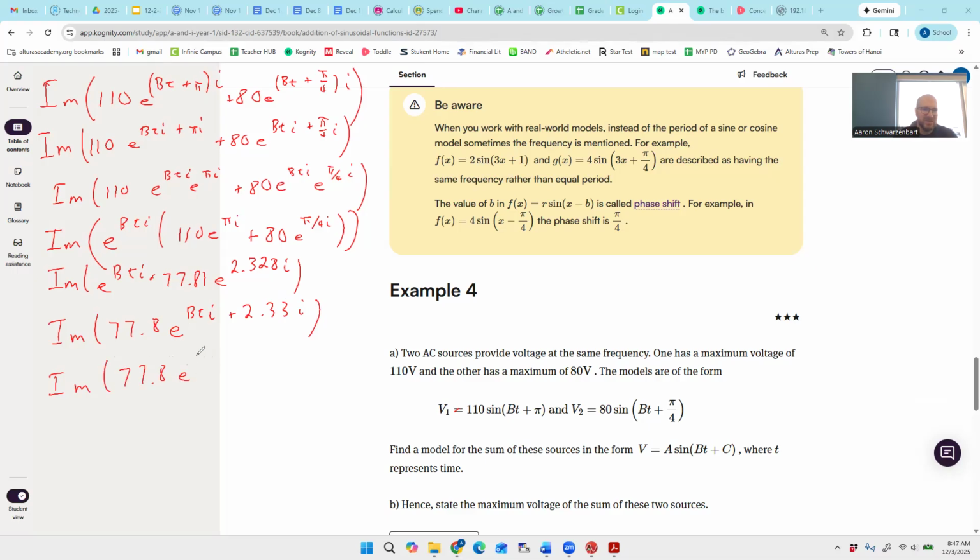I can factor out my I, and I can convert it back to sine. My maximum voltage of the two sources is 77.8.